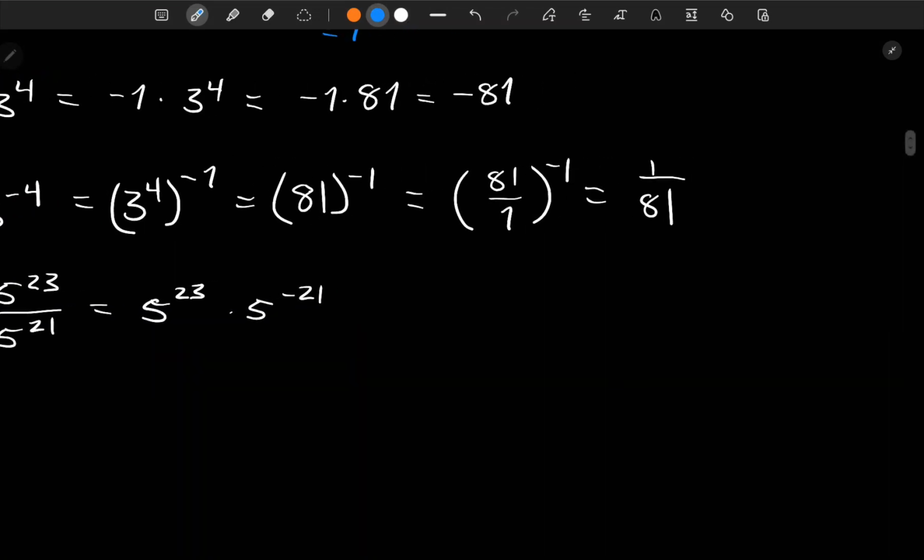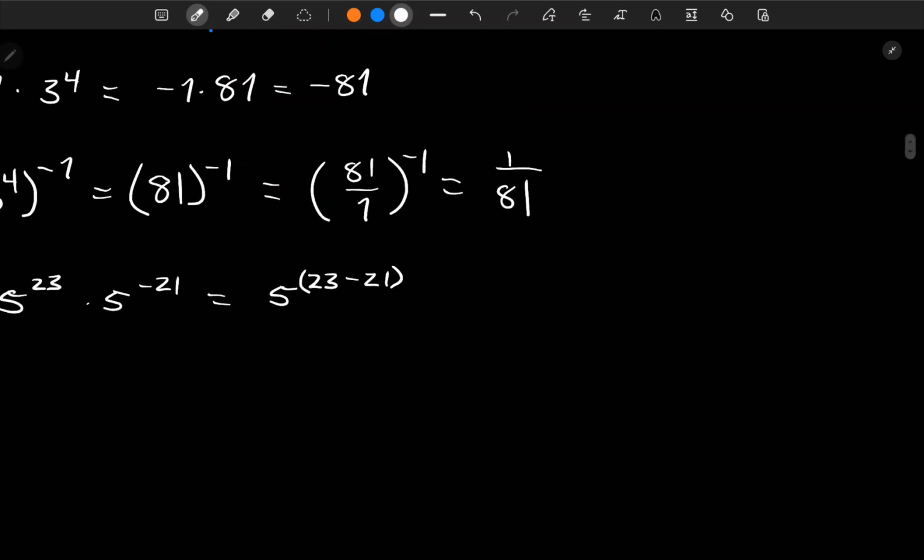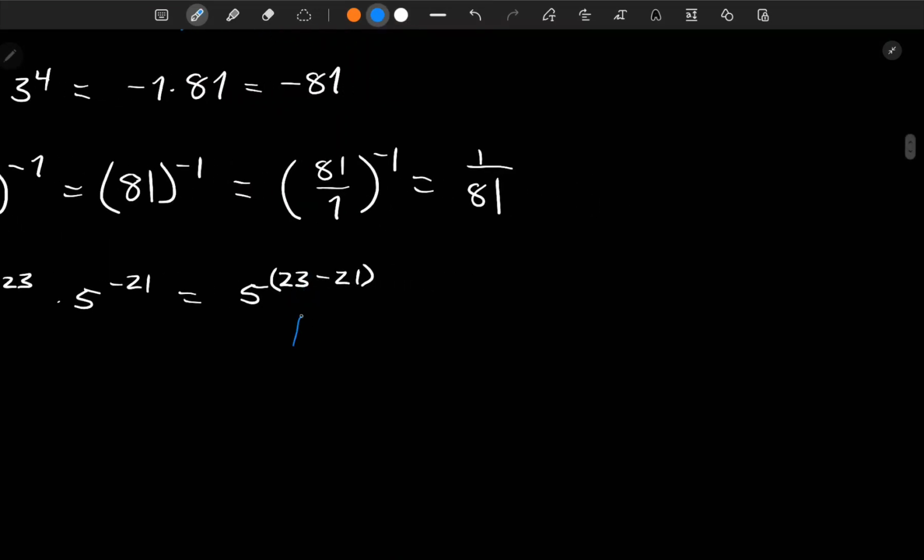But because these have the same base number, 5, this can be rewritten as 5 to the 23 minus 21 power. Here, we know that 23 minus 21 is equal to 2.